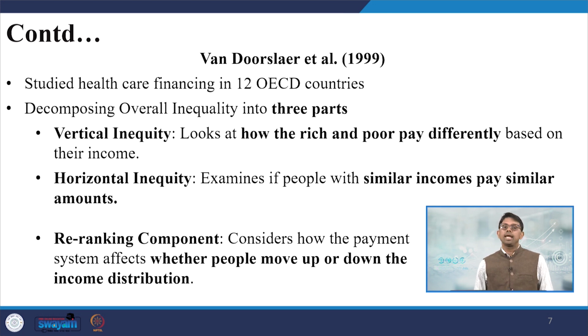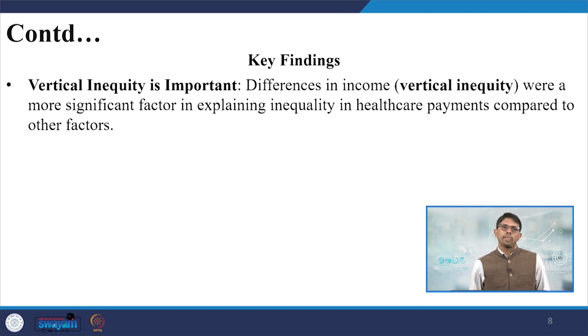However, in the case of the re-ranking component, the change is emphasized with how the payment system affects whether people have actually moved up or down the income distribution. So, that's called the re-ranking component.